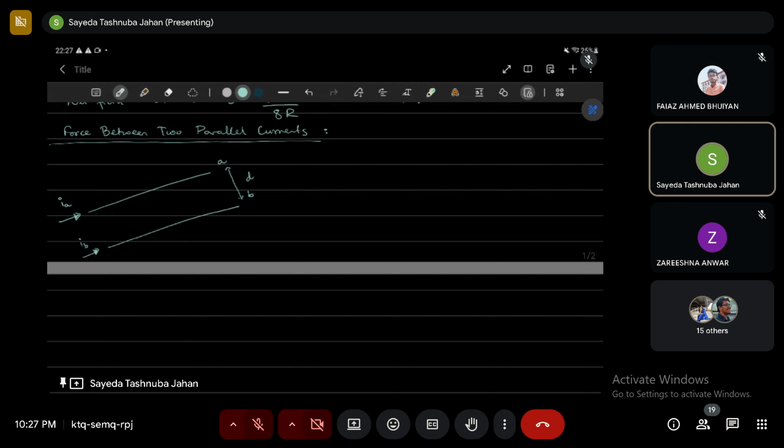Now first আমরা যেটা করব সেটা হচ্ছে, যেহেতু ফোর্সের কথা বলতেছি, অফকোর্স there will be force from one wire to the other, right? So for this case আমরা ফোকাস করব যে ওয়ার বি কি ফোর্স ফিল করে due to wire A. Okay, so we want to know ওয়ার এ এর যে ম্যাগনেটিক ফিল্ড আছে সেই কারণে ওয়ার বি কি ফোর্স ফিল করে। You can also do it the other way around, but it's the same thing. At the end of the day, magnitude সেমই হবে eventually.